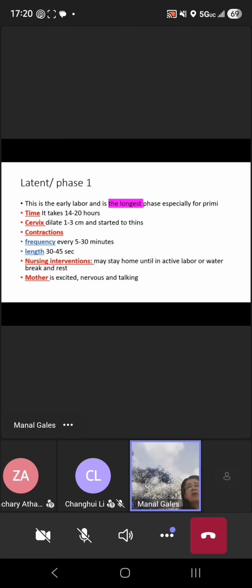And then the nurse may advise the female to stay home until active labor starts, or if the water breaks. Because so far the water didn't break. Water breaks at what centimeter, guys? Send me the number. It's not in phase 1.